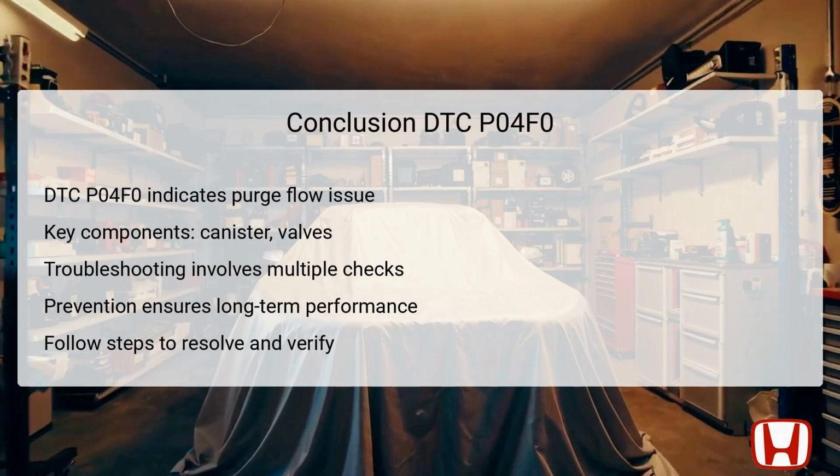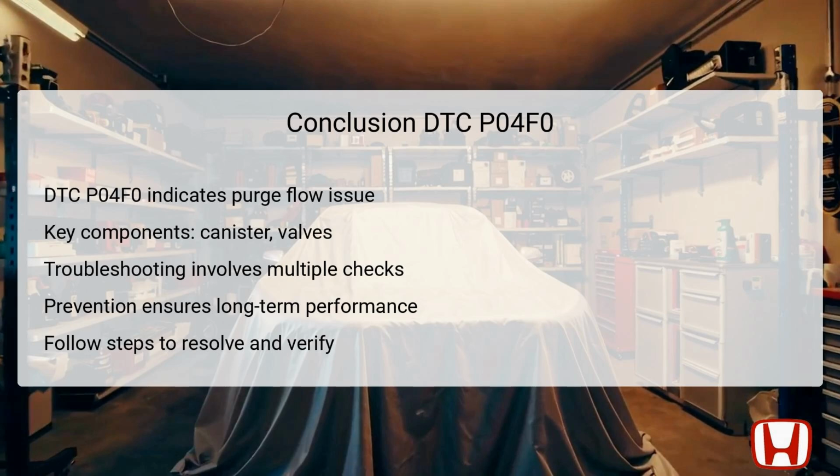In conclusion, DTC P04F0 specifically indicates an issue with the evaporative emission control system's purge flow, often tied to several core components such as the EVAP canister, purge valve, and associated tubing. Effective troubleshooting involves a systematic approach, starting from verifying the DTC, conducting visual inspections, and testing for blockages in relevant lines and valves.